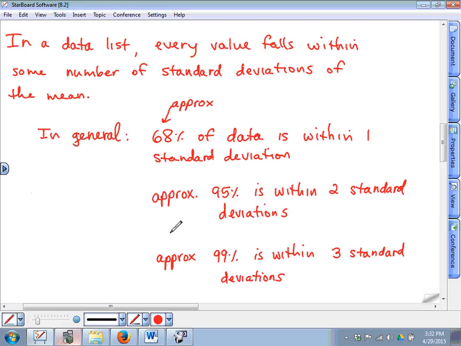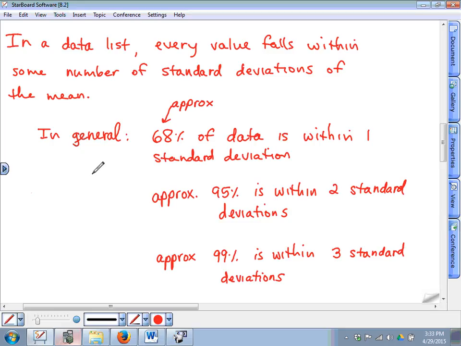Approximately 95% would fall within 2 standard deviations, and approximately 99% would fall within 3 standard deviations. I'll give you a second to write that. You know, with this first part here, 68% of the data, that's almost 3/4. 3/4 of all data in any data set would fall within 1 standard deviation.